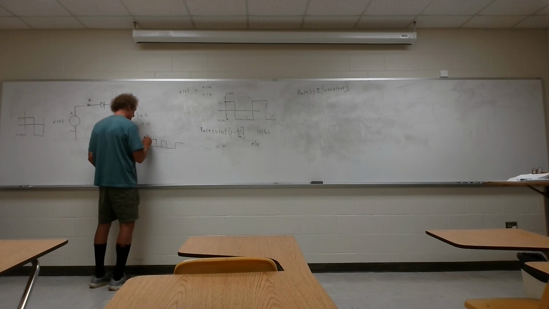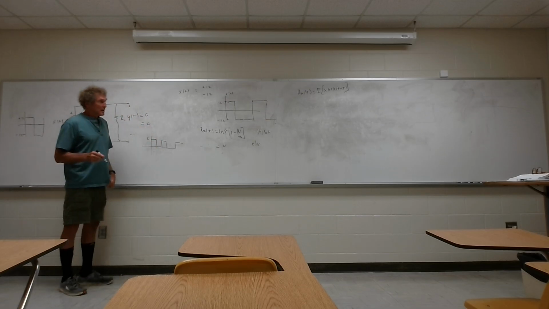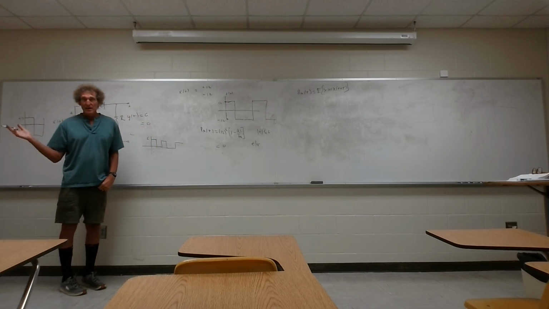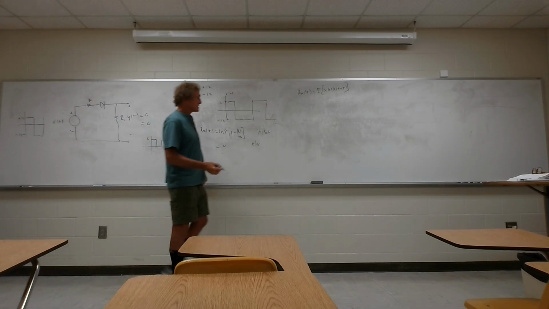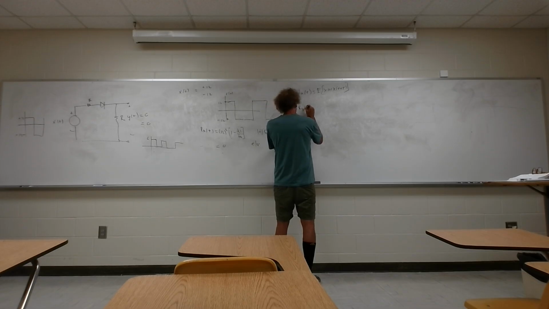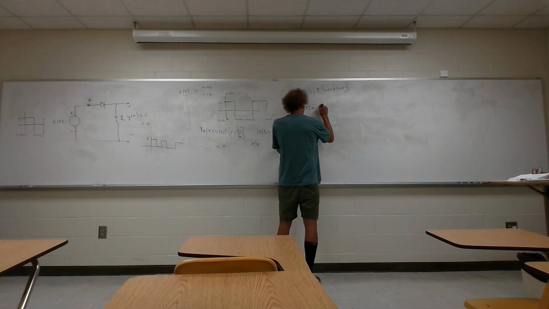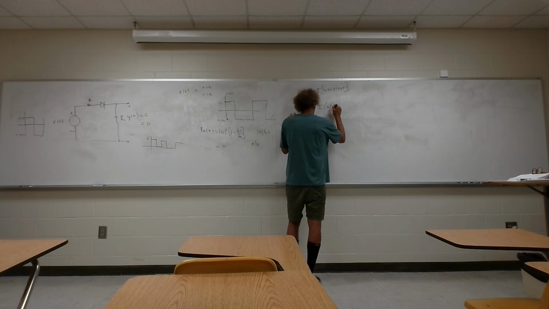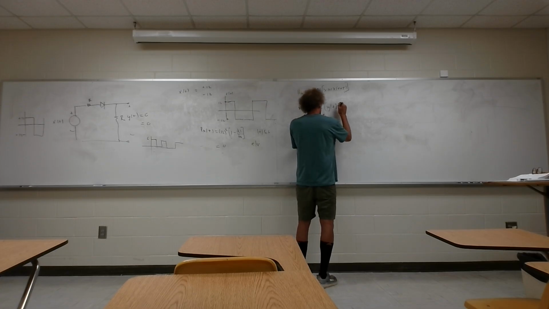Something like that. Now, everybody okay with that? And here's the deal, when I take the expected value for y here, Ry of tau is the expected value of y of t times y of t plus tau.